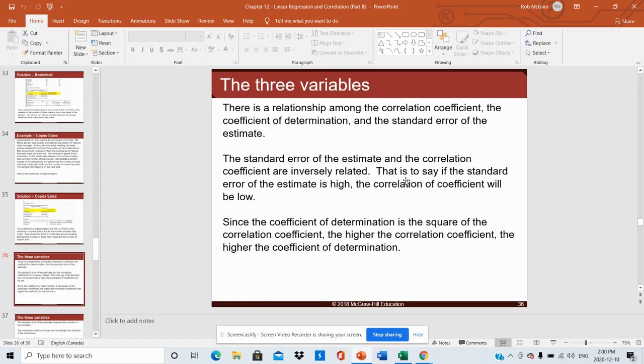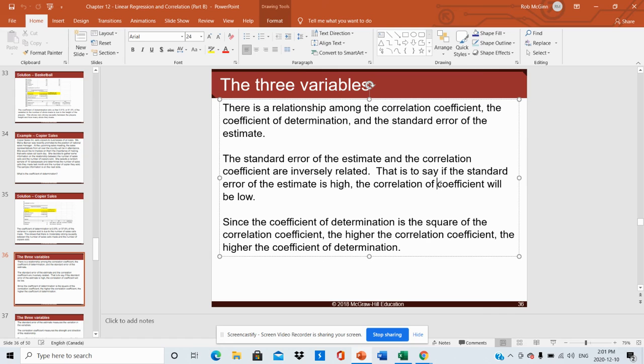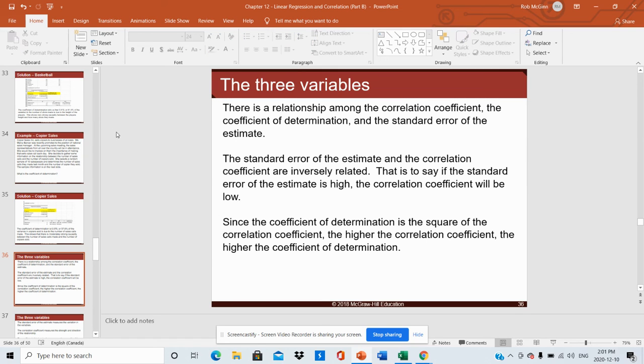That is to say, if the standard error of the estimate is high, the correlation coefficient will be low. Conversely, if our standard error is low, then our correlation coefficient is going to be high.